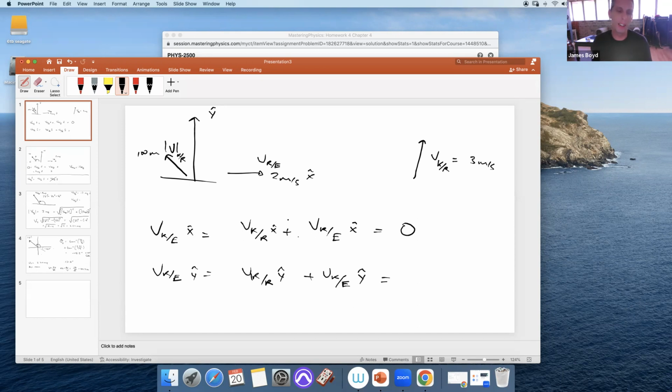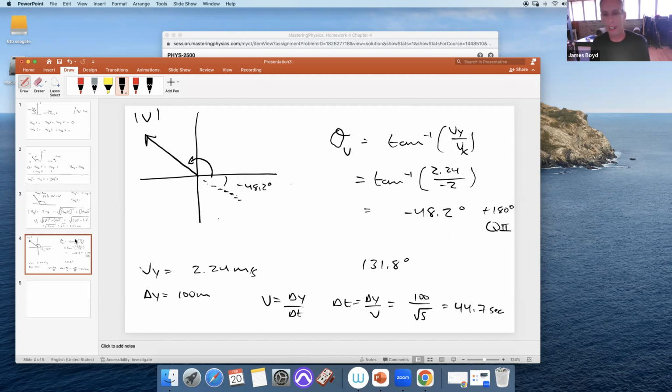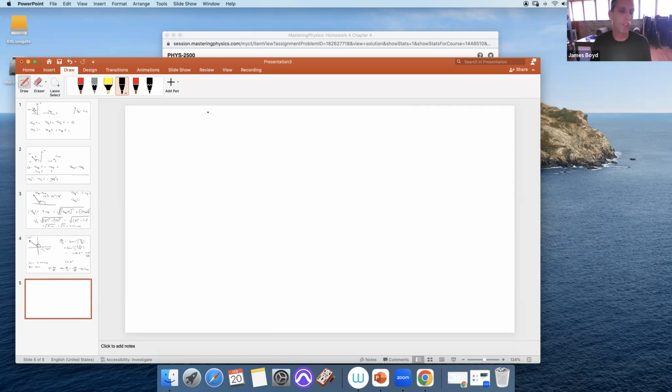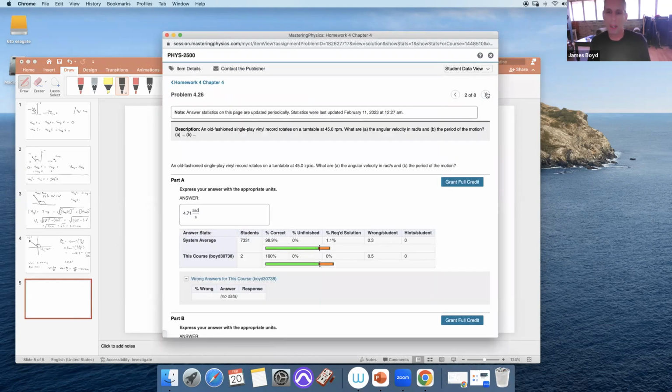Once you have that, because you know the magnitude of his total velocity from the Pythagorean theorem, you can find Vy using the magnitude squared minus Vx squared, and then take the square root. And then finally, to find the angle, use the arctan of Vy over Vx. It's a little bit of a hassle, but that's about as hard as it gets.